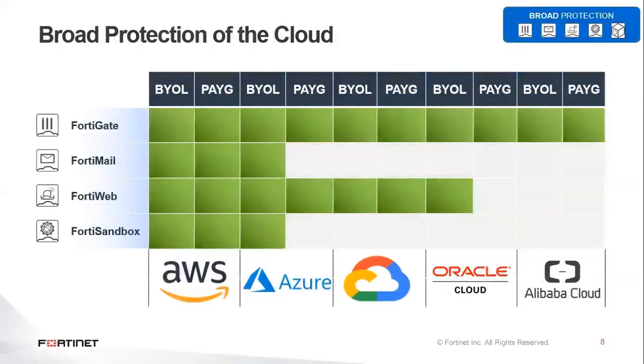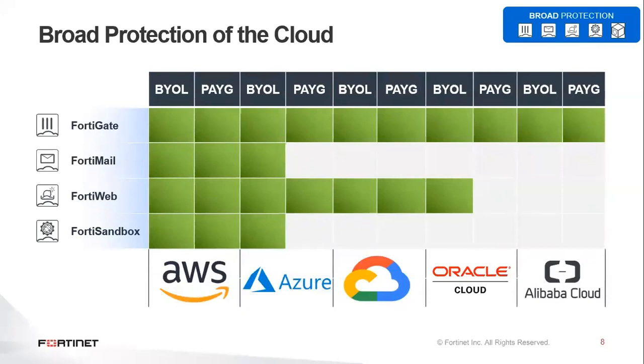So details about different management capabilities and how they integrate and are relevant for different cloud platforms are available. So as you can see, the bring your own license and pay-as-you-go license are available for all the products, which you see for AWS, almost for Azure as well.